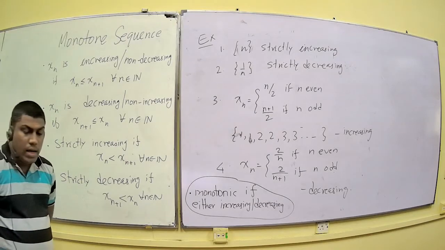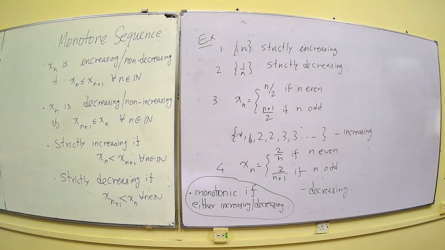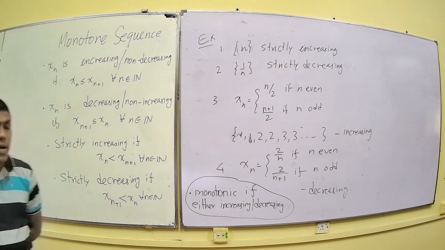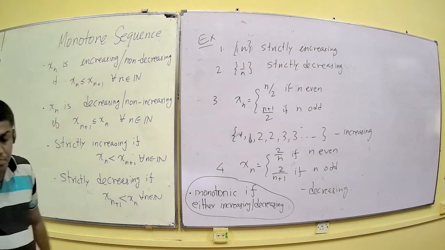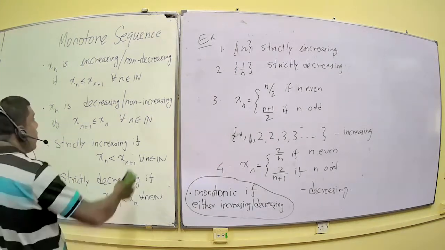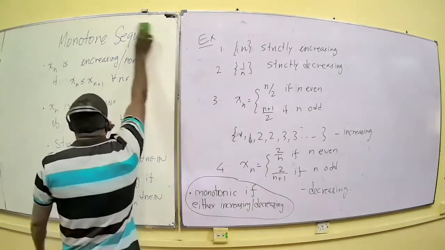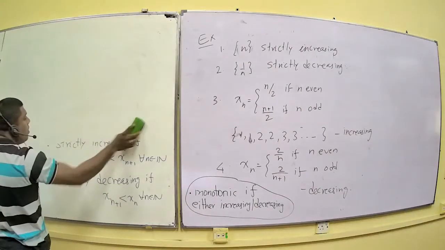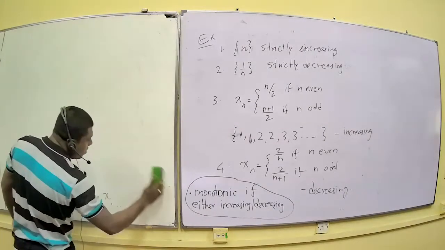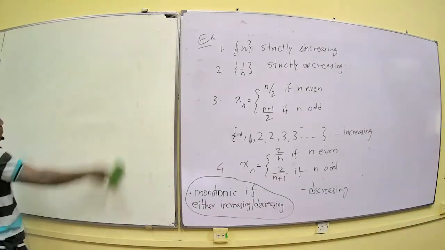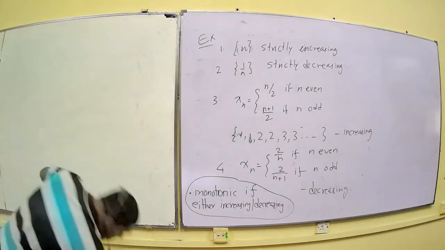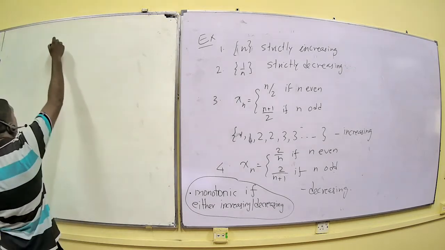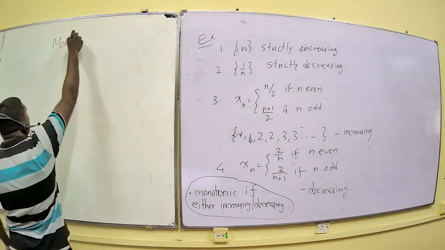So this monotonic relationship can also be used to determine the convergence of a sequence, right? That criterion is called the monotonic convergence theorem. Let me write down the theorem first.